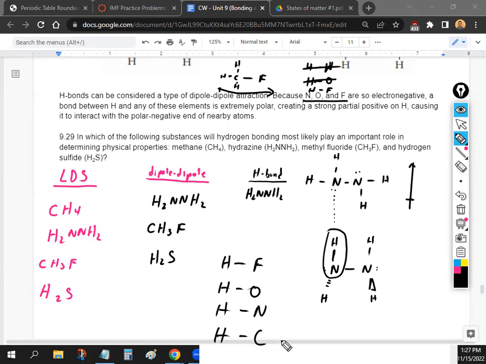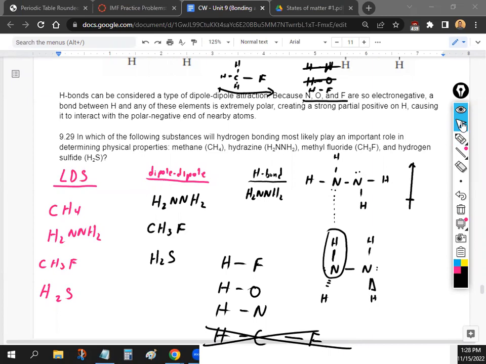For example, here we have an H bonded to a C bonded to an F. That doesn't count because the original bond is not between one of the three electronegative atoms. So it can get a little bit tricky. Just those three.